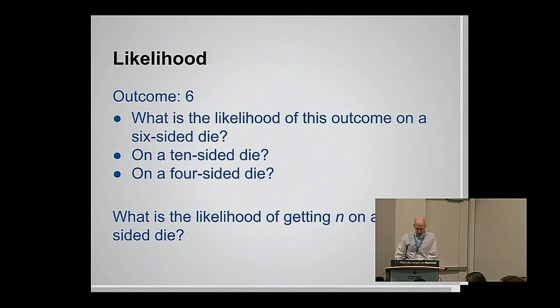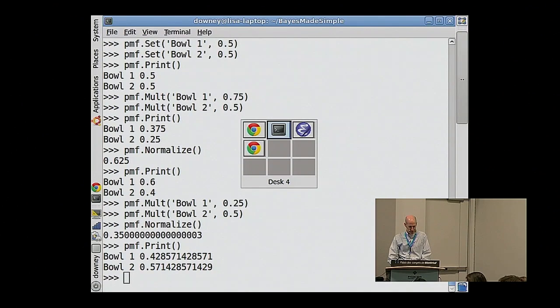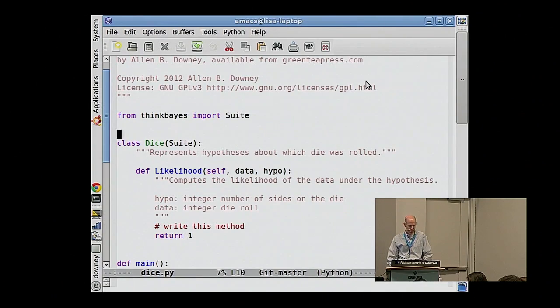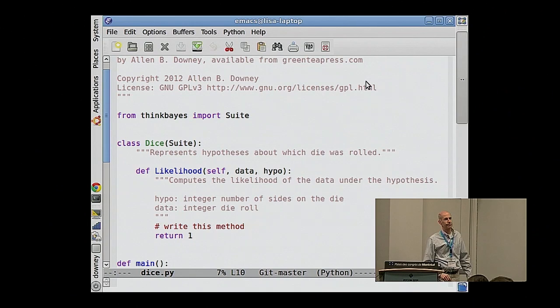In fact, if you want, let's take a quick look. So let's open up dice.py. And this is pretty much in script form, the same kind of thing that we were just doing on the command line.